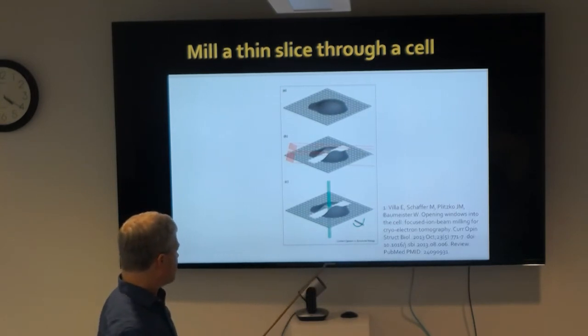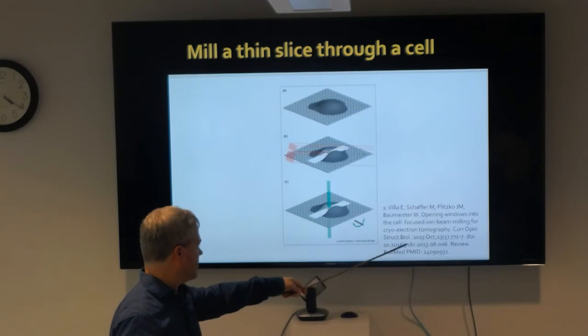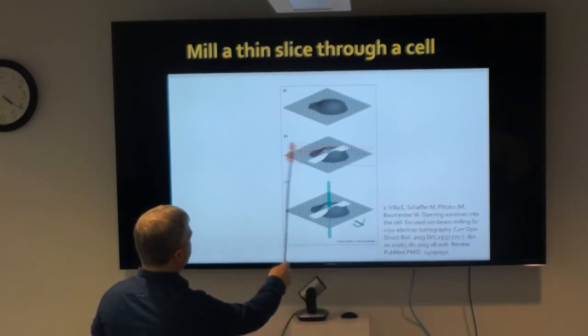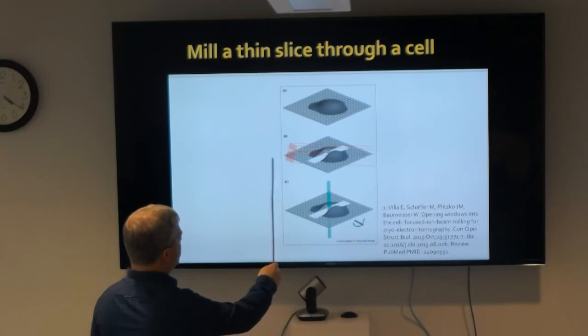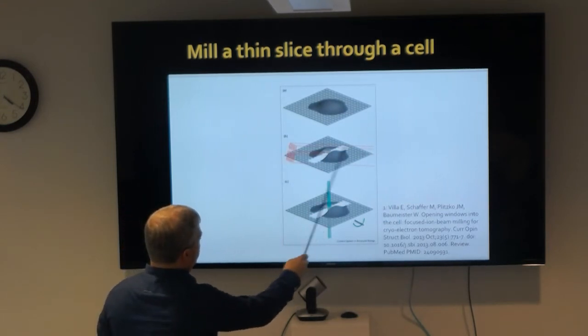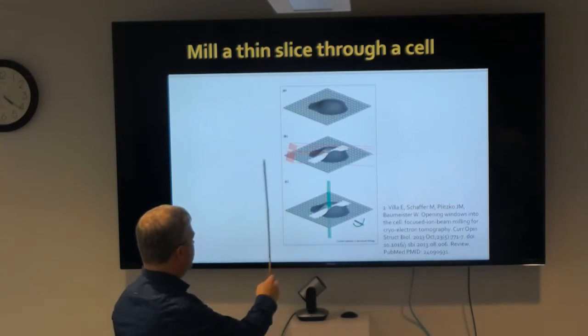But what's been developed since 2013 at least is the idea of using the FIB: you put your frozen sample into the FIB-SEM on a cryo stage, and then using the ion beam cut out what's called a lamella, a very thin layer of the cell.